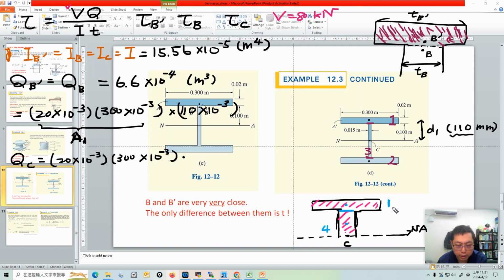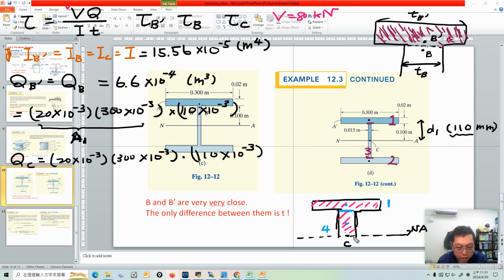It is 110 millimeter, right? So this is the first part, but don't forget we have this part too, because we have to calculate everything above C.